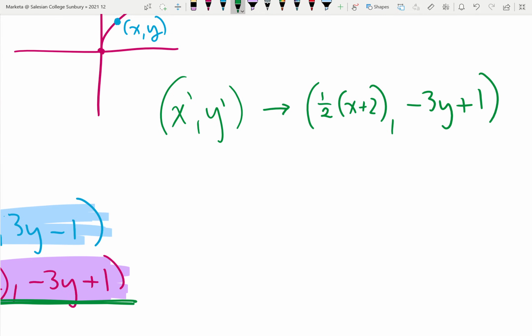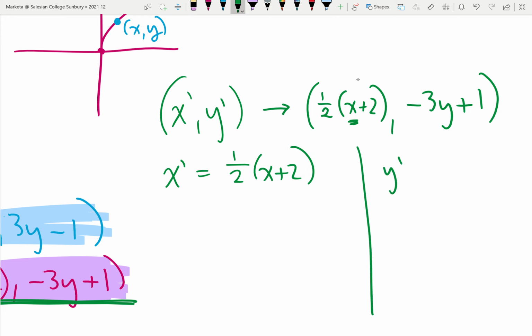So we have taken x, added 2 to it, and halved it, and that's our new image point. And then the same thing for the y. We've done all this stuff to the y to get the new image. So I like to separate it out and say x image is half (x plus 2), and y image is negative 3y plus 1.